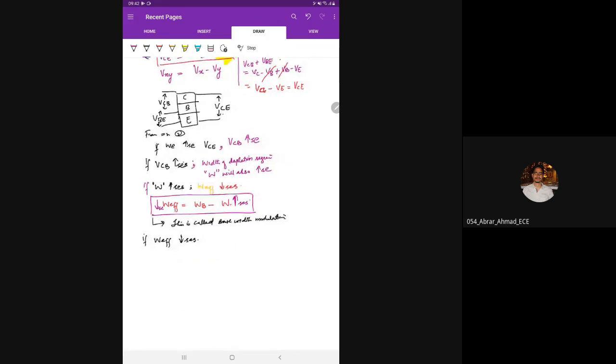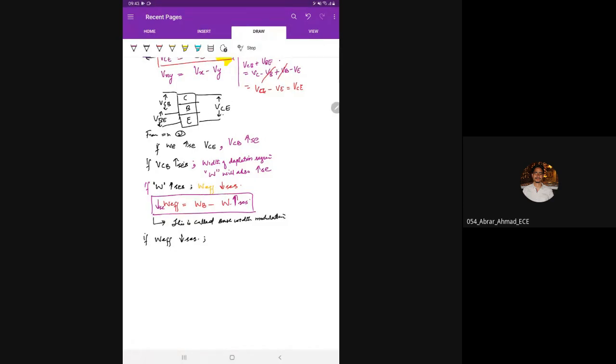Now see, focus on this discussion now. If effective width of the base decreases, it also means that the area where there is a chance of recombination, जो recombination जहाँ पे होती है, because base is already thin, and there is a very small area where the charges emitted by the emitter will recombine.